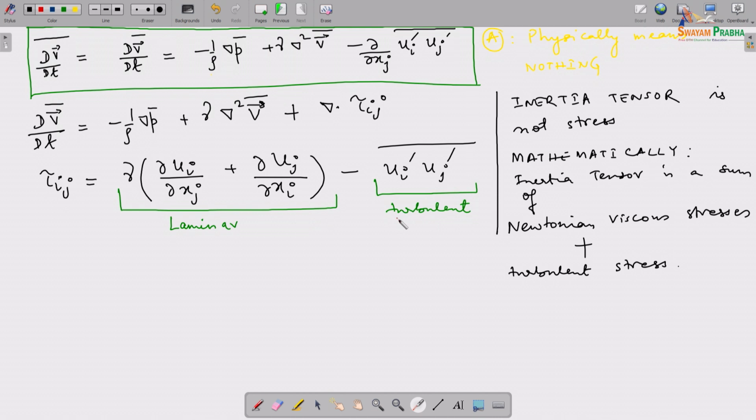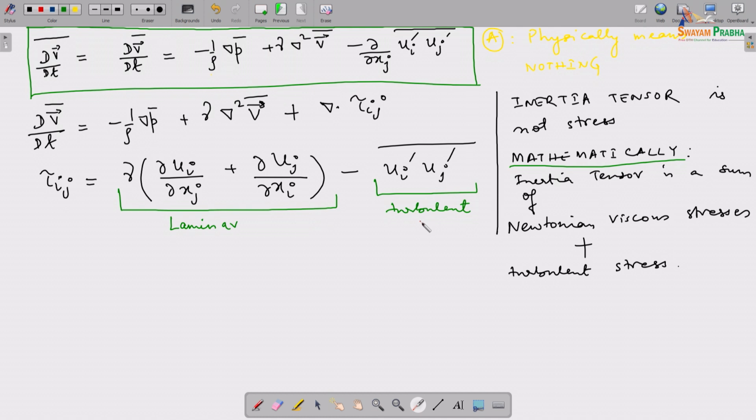So, while physically it actually means nothing, and it also does not mean any sort of stress, mathematically, when I write this down, it actually behaves like a combination of Newtonian viscous stresses and turbulent stresses.